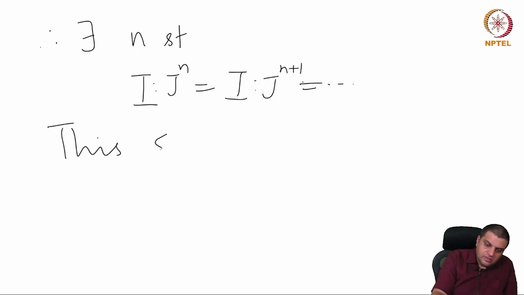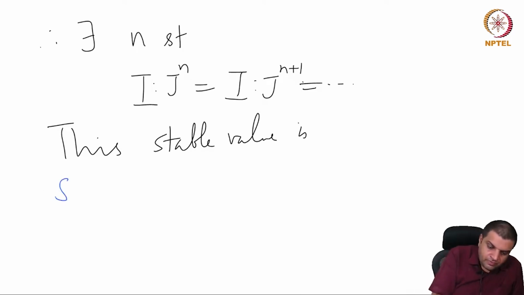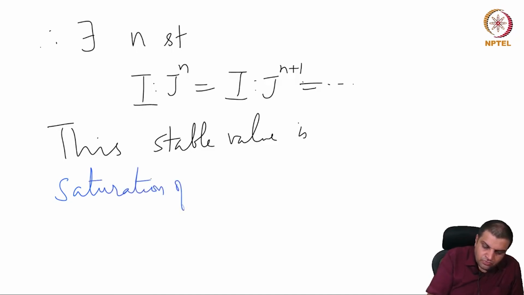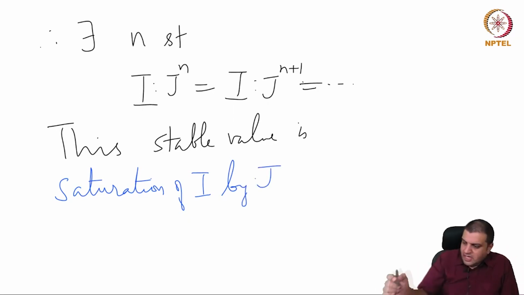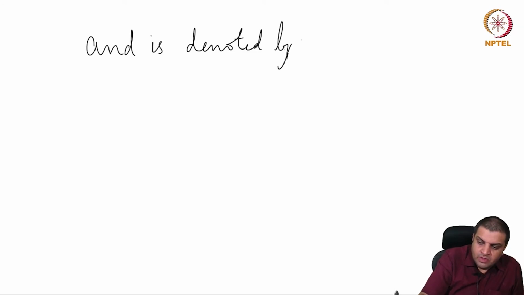This stable value is called the saturation of I by J and is denoted by I colon J infinity.